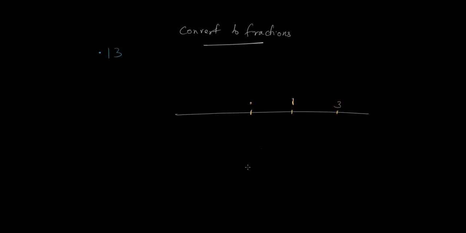So straight away we know that 3 is in the 100th place, so we know that it's 13 by 100. That means 13 portions out of 100. Okay, 13 portions out of 100 are shaded.